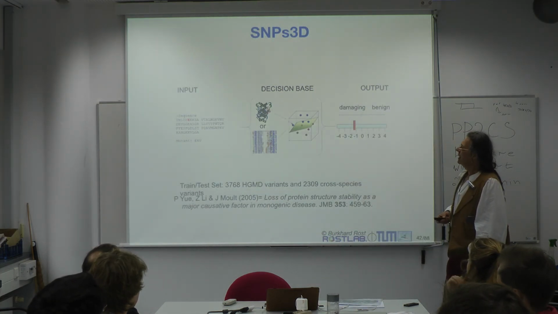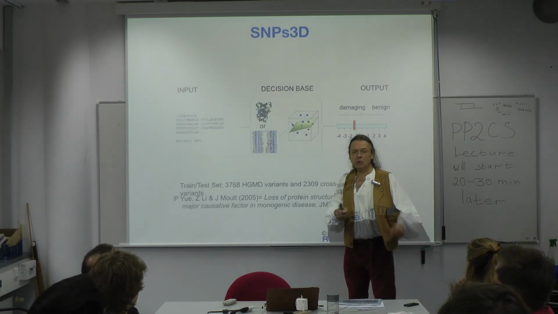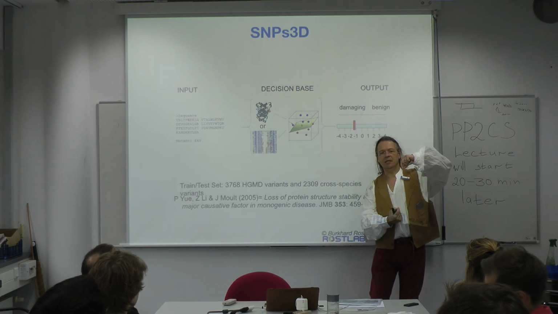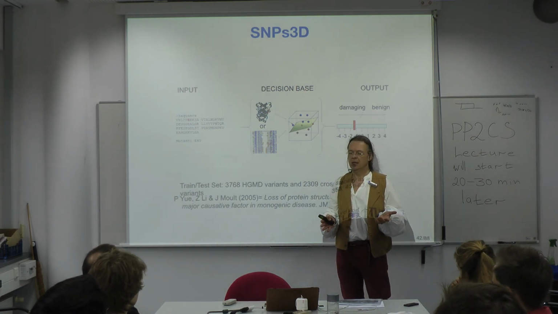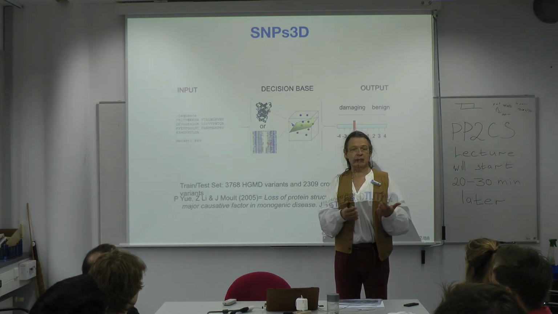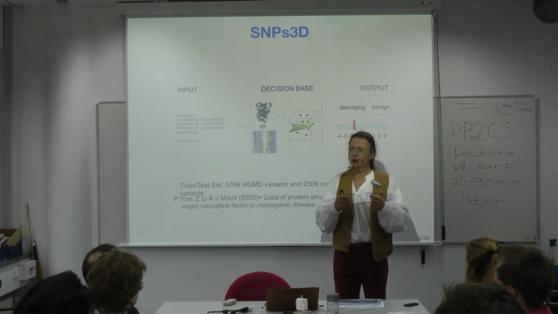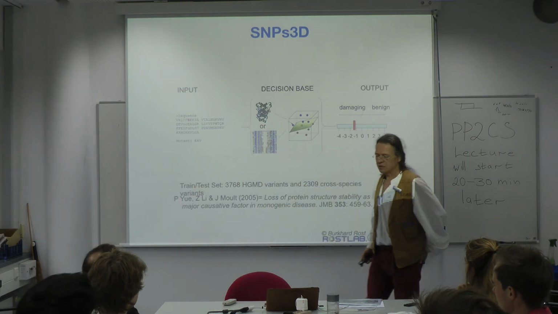SNP-S3D essentially uses a signal like that, but then says, well, whether you're outside or inside of the protein, what is in effect differs, okay? And when I have a three-dimensional structure of a protein, I know whether I'm on the outside or not. I know what kind of bonds I mess up with a new residue, and SNP-S3D tries to measure that.